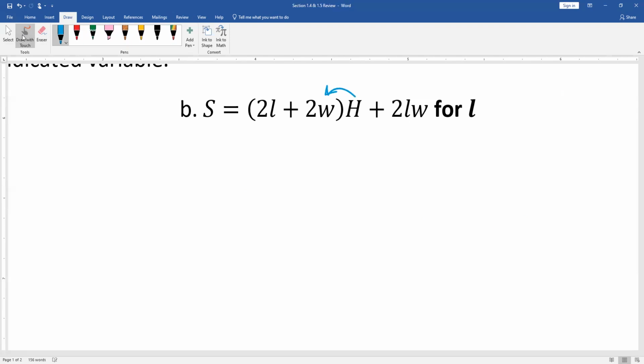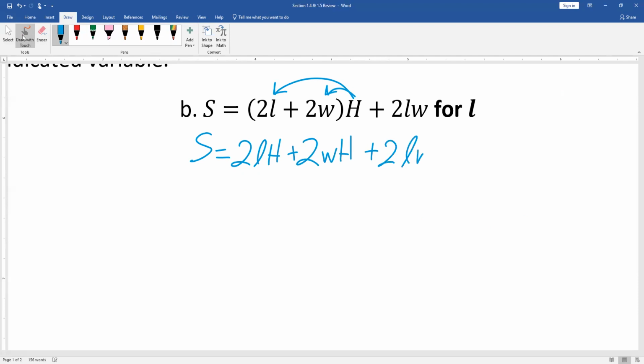First we distribute the H and we end up with S equals 2LH plus 2WH plus 2LW. Now we have this term here and this term here that have that L. So what we can do is, let me just situate them.